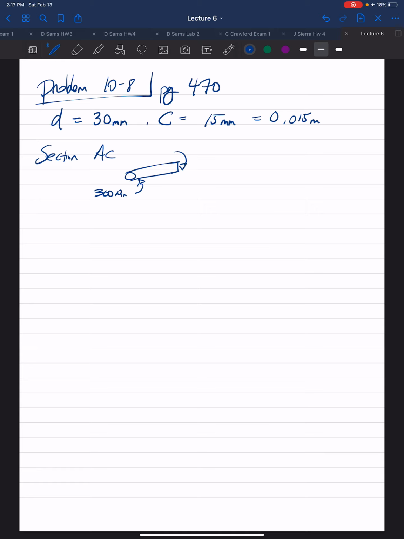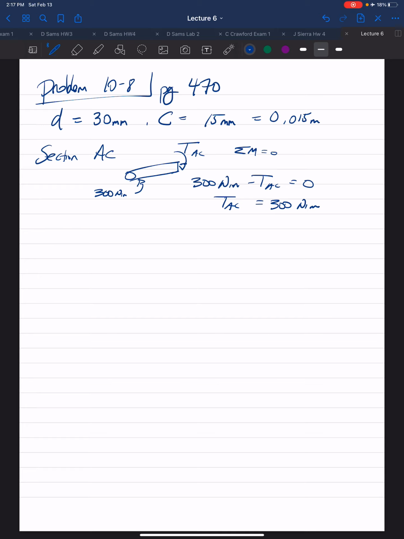So to balance that out, our T, say AC here, for our sum of our moments to equal 0, this would be 300 Newton meters minus TAC equals 0. TAC is equal to 300 Newton meters.